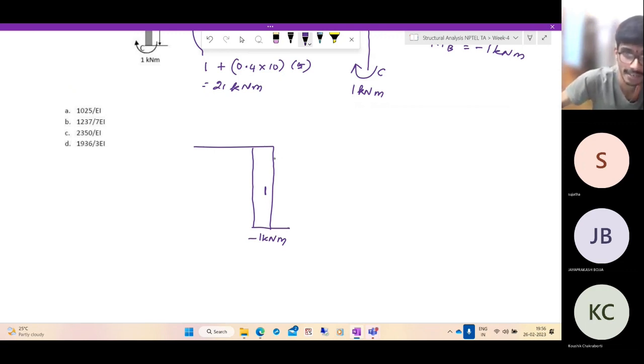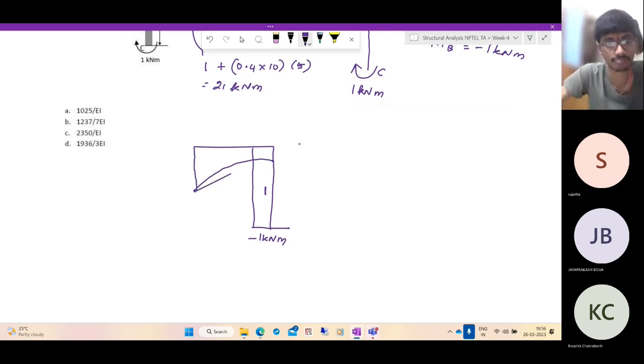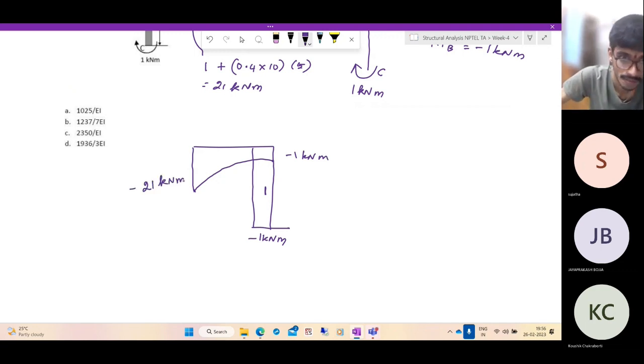And here what do we have? Here it starts at 1 and ends at 21. And there is a uniformly distributed load, which means the variation will be quadratic. So here you have minus 1 kilonewton meters. Here you have minus 21 kilonewton meters.